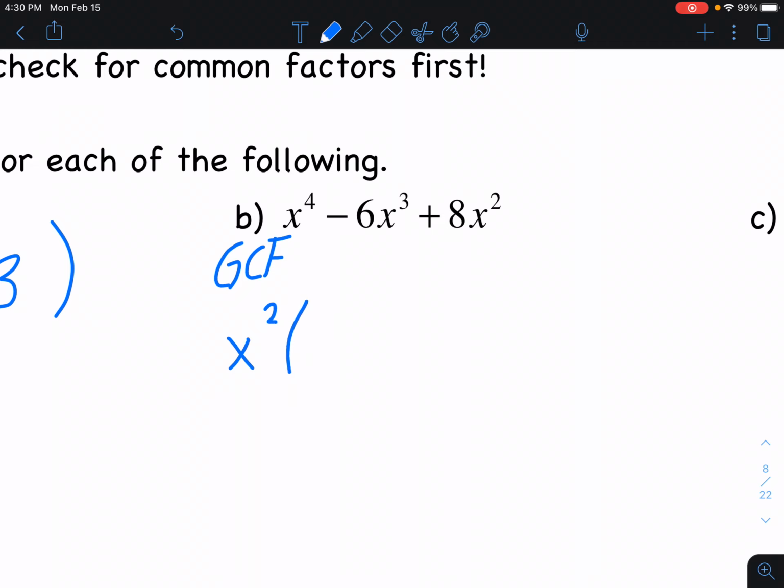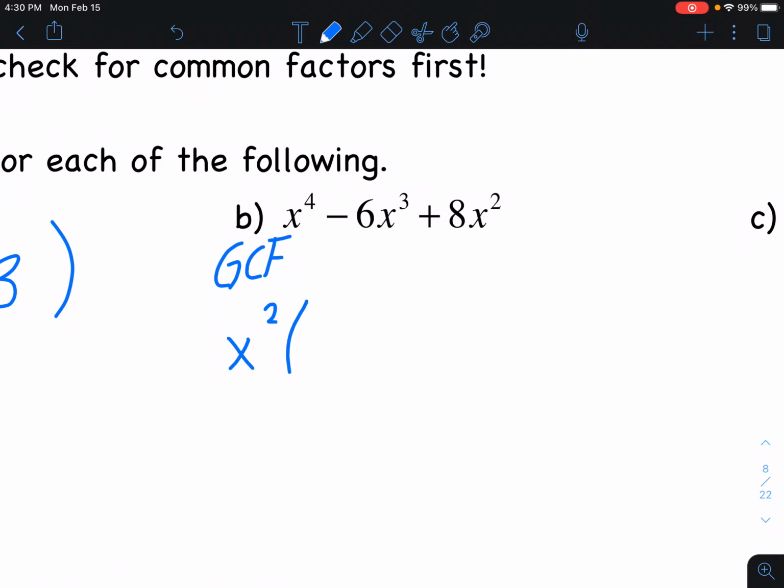We learned previously that when you have a greatest common factor of variables, the rule is you're supposed to take the smallest exponent. So if my exponents are 4, 3, and 2, the smallest one is 2. So my GCF must be x squared.